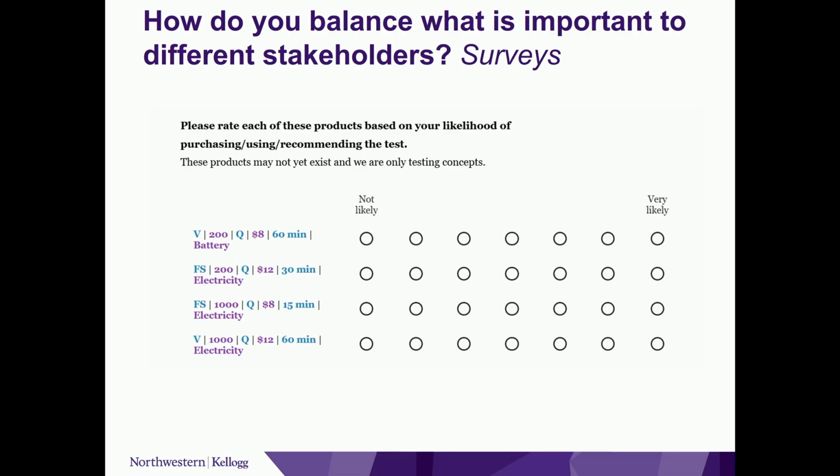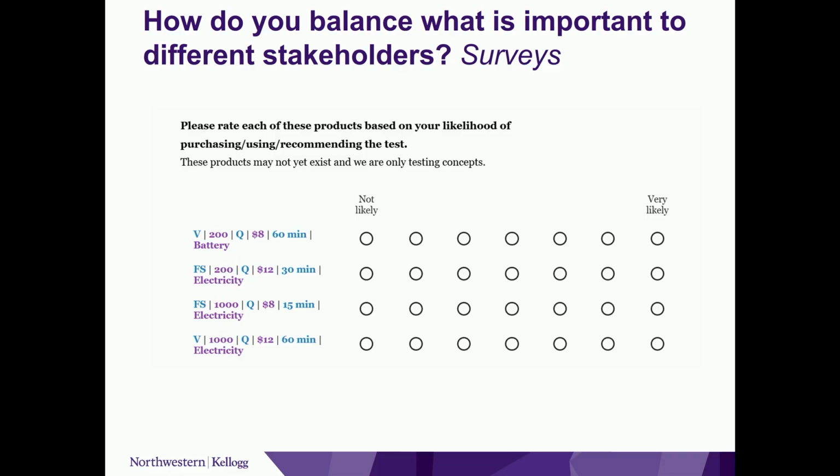And what this does is it allows you to understand the attribute and the level that's driving satisfaction. So if you're really stuck on whether you should be focused on accuracy or cost or sample preparation type or time, turnaround time, this is a way that you can put products in front of people and identify the relationship between those things.